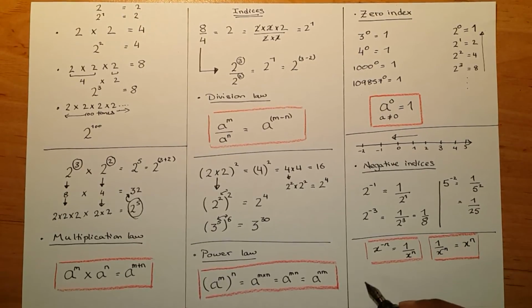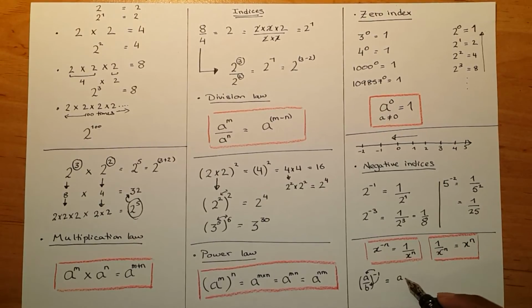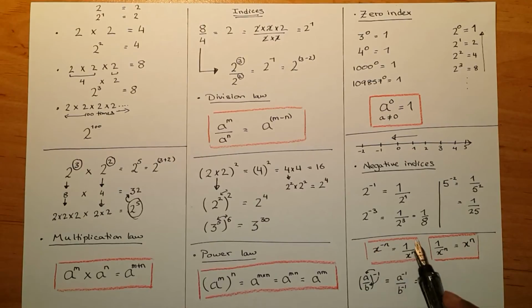Now, I have a divided by b, all of that to the power minus 1. We just need to apply the minus 1 to a and the minus 1 to b, which makes us a to the power minus 1 divided by b to the power minus 1. As we've just seen, a number with a negative index equals 1 over the number with its positive index.